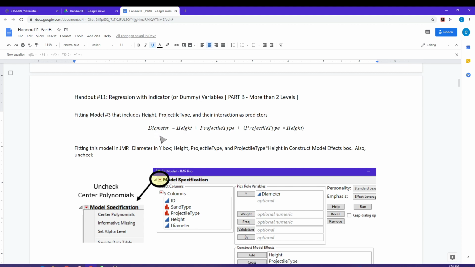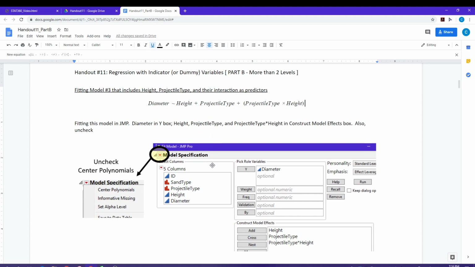We have the response and then the tilde. On the right-hand side of the tilde, we have all of the variables or terms that we want to put in our model. Height is one of them, projectile type is one, and then I want to allow the effect of height to vary across the projectile types, so I want that interaction term in there.